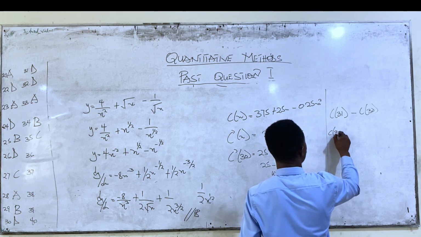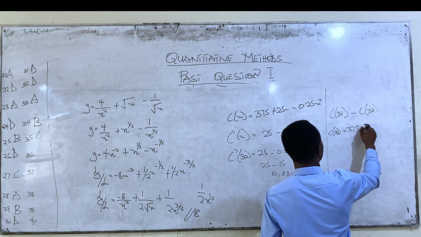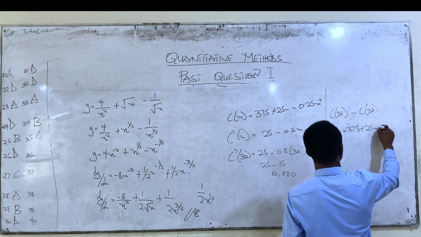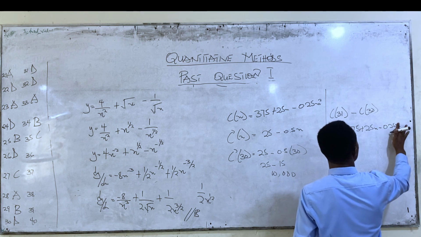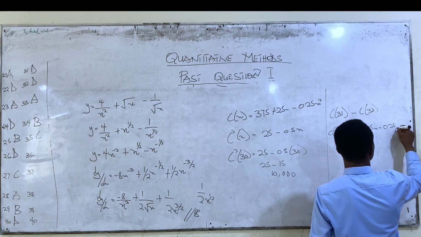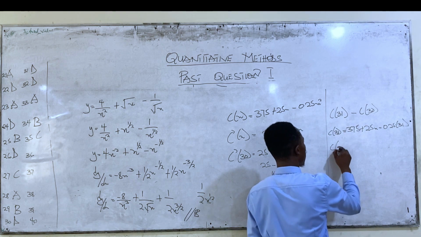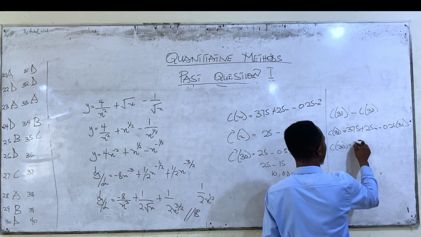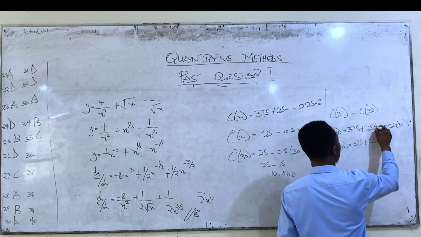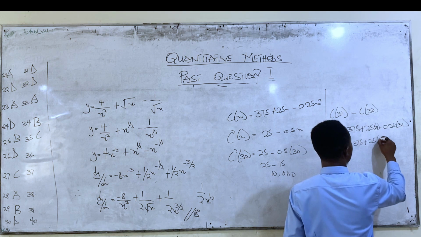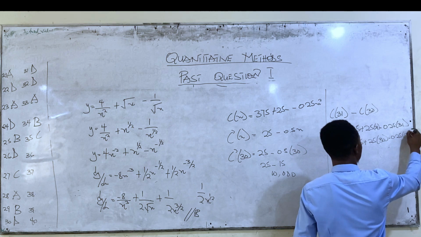C of 31 is equal to 375 plus 25 times 31 minus 0.25 times 31 squared. And C of 30 is going to be 375 plus 25 times 30 minus 0.25 times 30 squared.